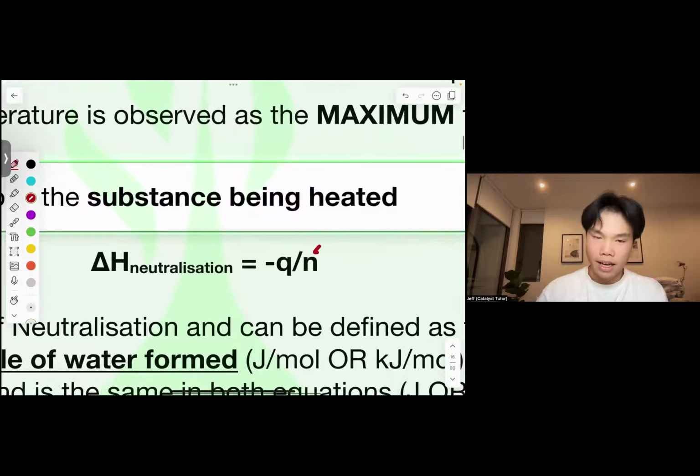What do we define n as? The second most commonly confused variable. What is n? Isn't it just moles? But moles of what?